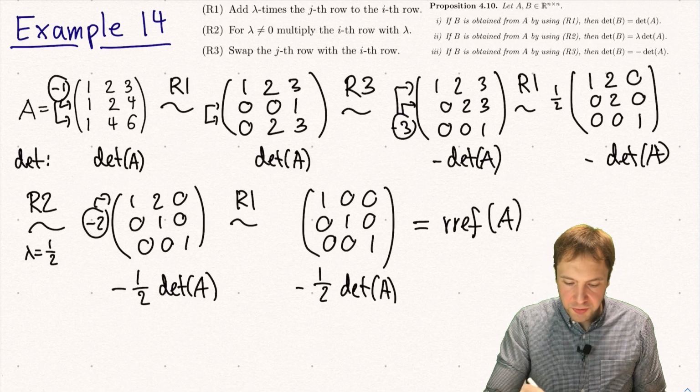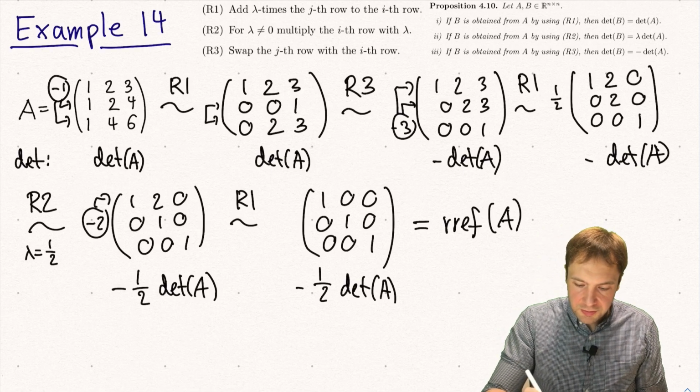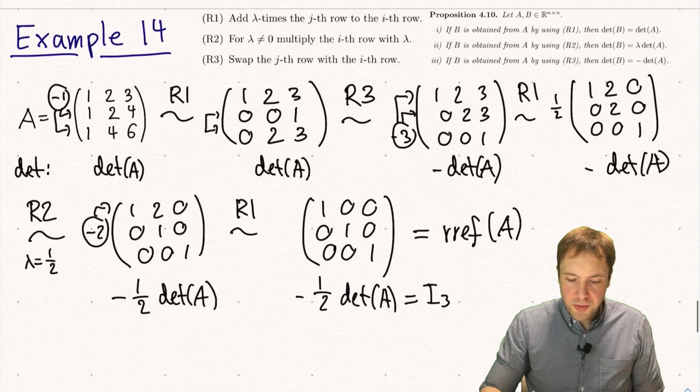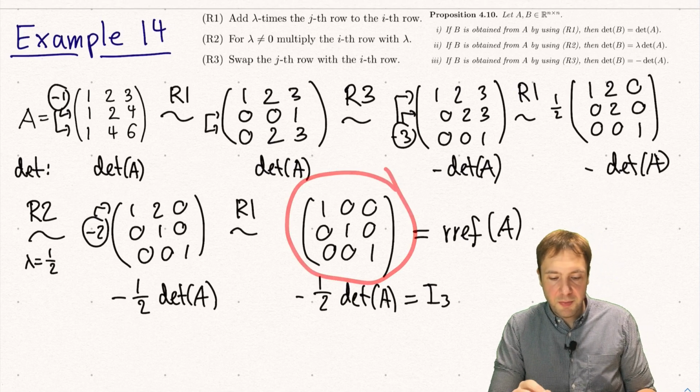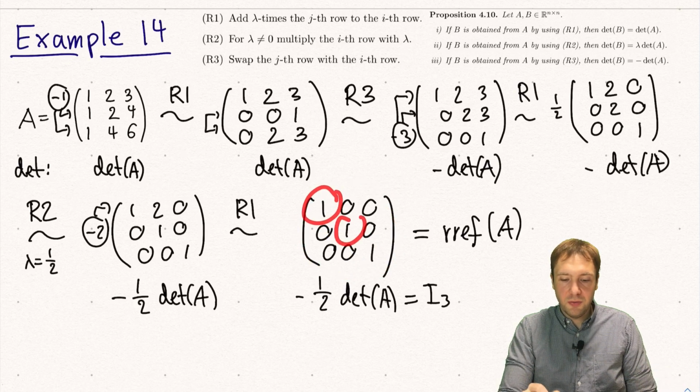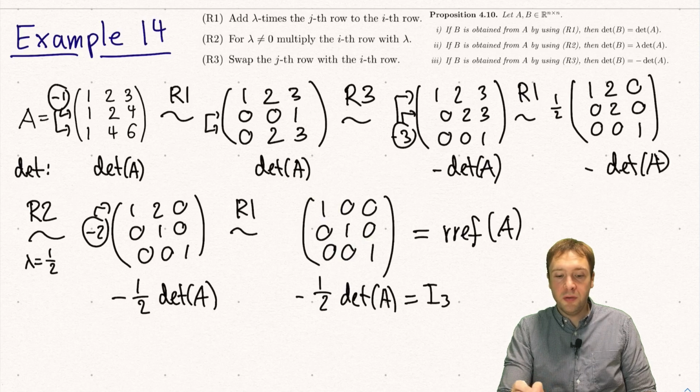And well, what is the determinant of this? So this is I3, and the determinant of the identity matrix, or in general, if I have a matrix where I just have entries on the diagonal, then there's always just one pattern I can choose. I can just choose the things on the diagonal, because every other choice would give me at least one 0 in the product.